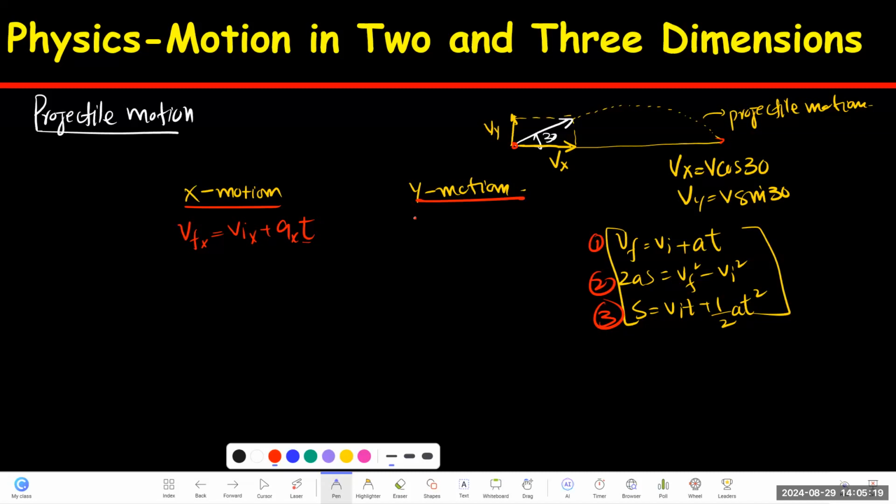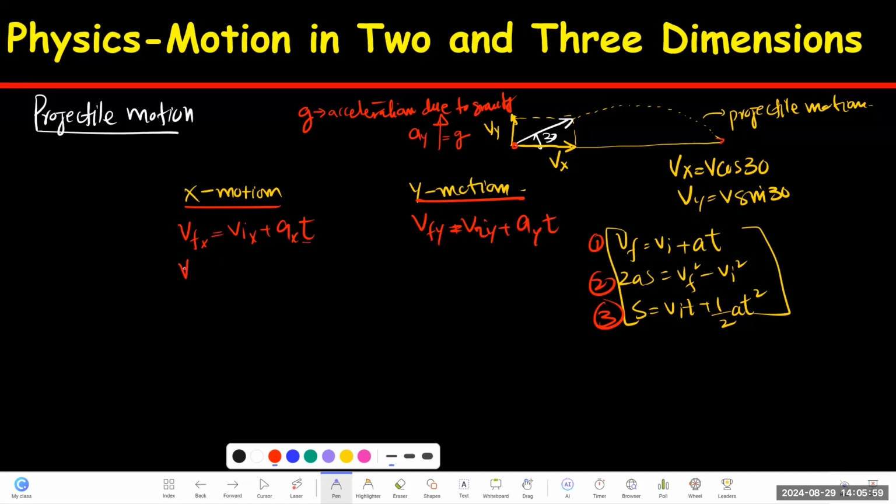How can I write the first equation in y form? vfy equals viy plus ay t. Acceleration along the y-axis, you can call ay, or you can call it g, because we know when things are dropped, we use g, called acceleration due to gravity. So when things are going in the vertical direction, it's acceleration due to gravity. In those particular cases, I can replace this a with g.